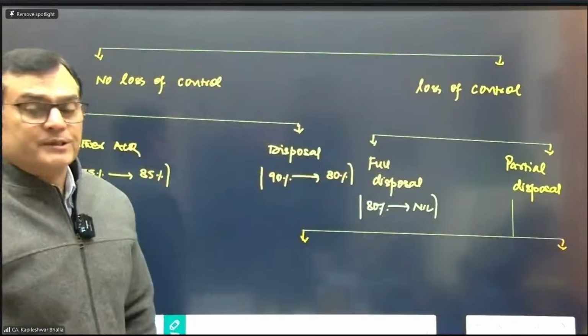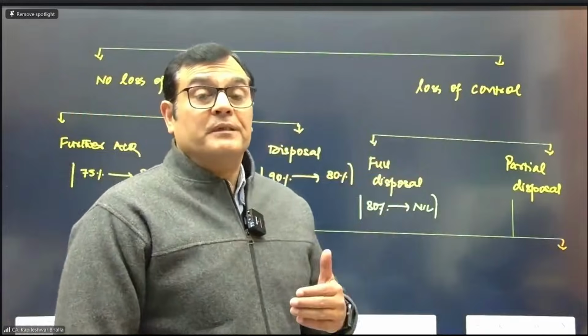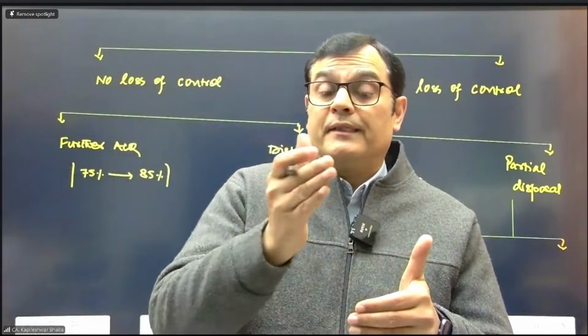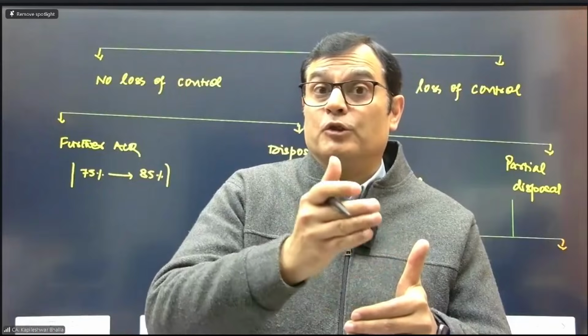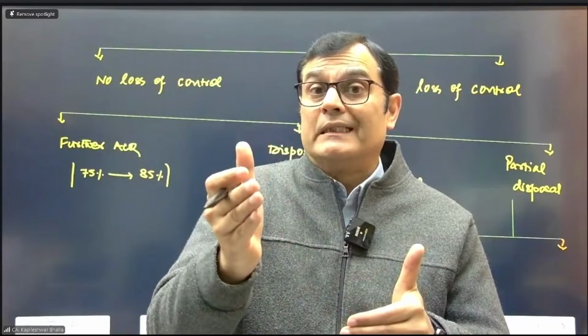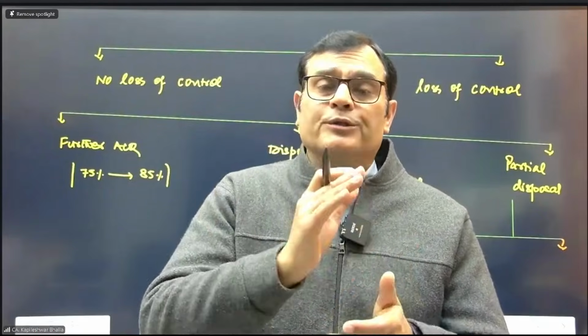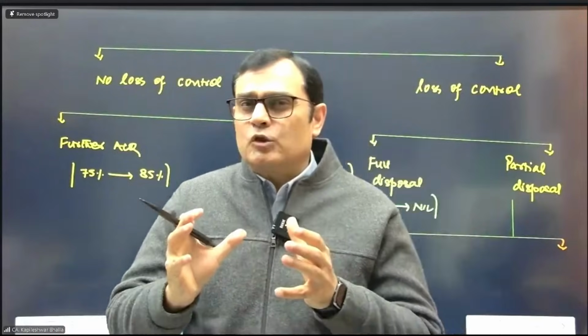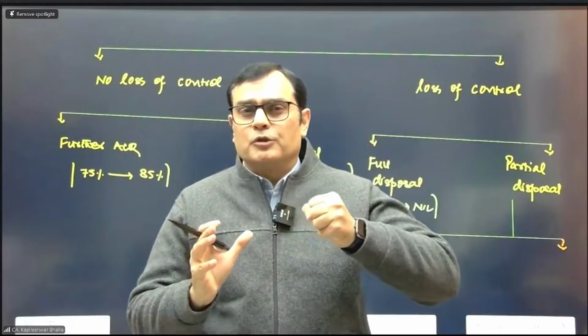So when you say it is a partial disposal, there could be one case where the control continues. There can be another case where you convert from control to a significant influence, that is Ind AS 28. Or the third one is that you become a passive investor. So you sell so many shares that you lose control.